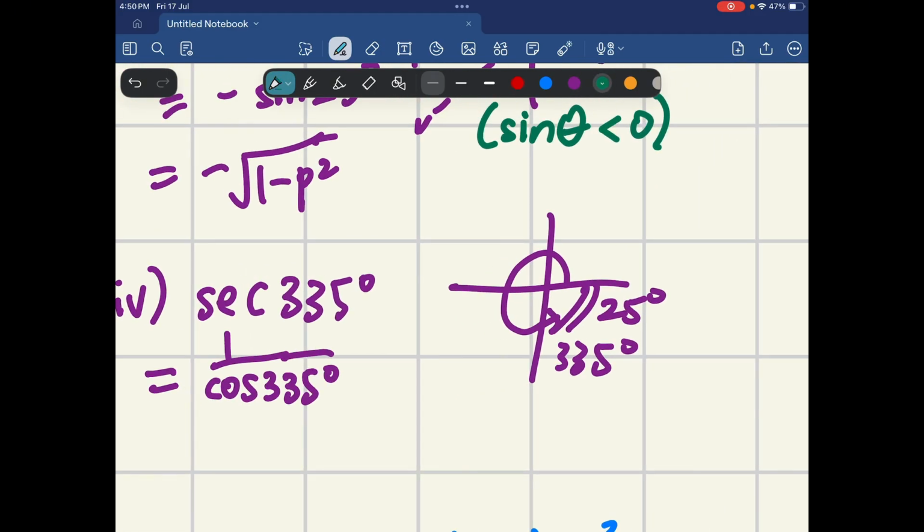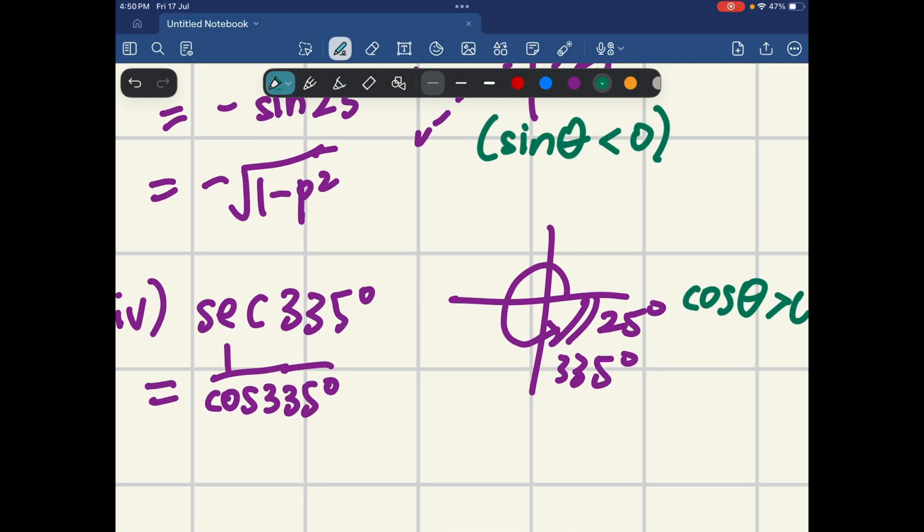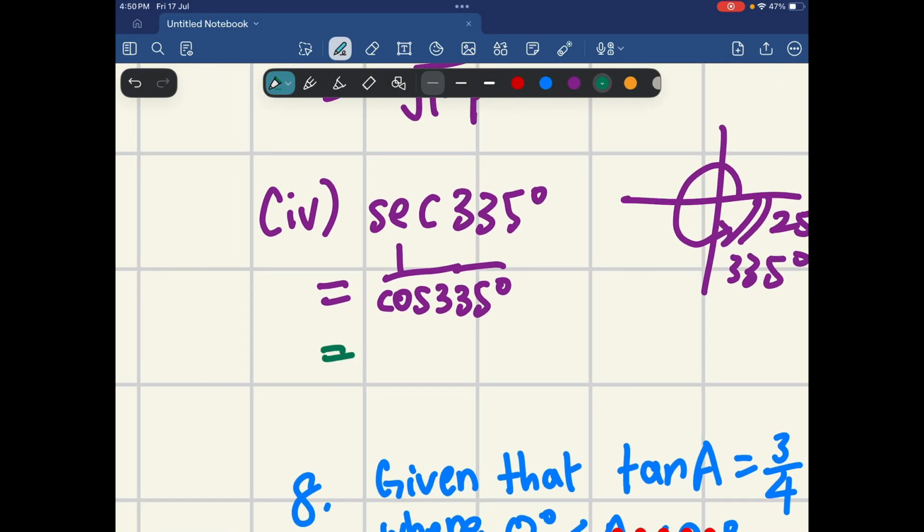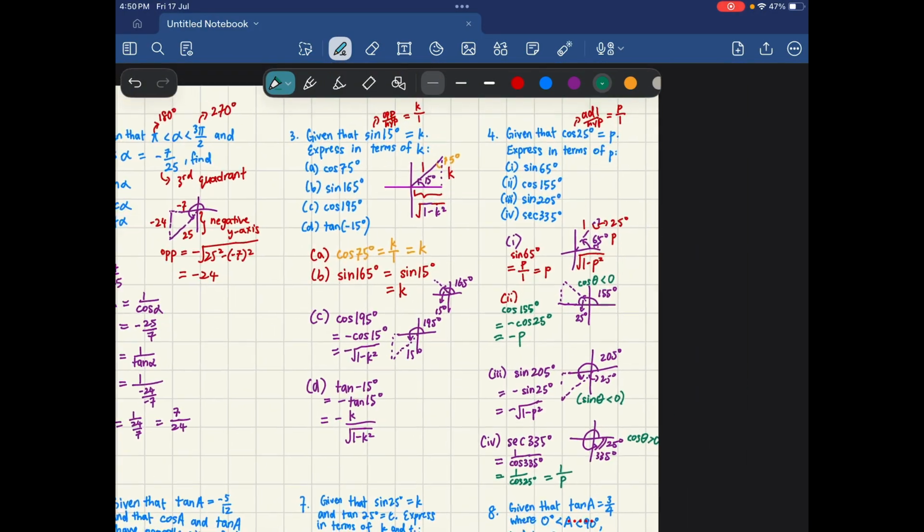And cosine in the last quadrant is actually positive. So that's nice to know. So this will be 1 over cosine 25. And we know that cosine 25 is p, so this is 1 over p. So that is how you do question 4.